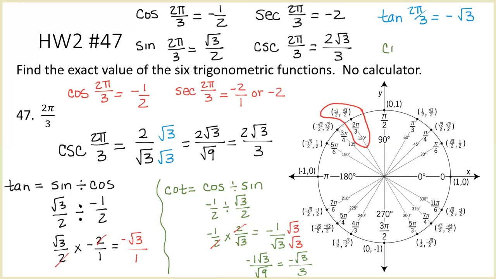And that is what you're going to have to do. So I picked one of the examples in the homework where they give you an angle and you have to go to the unit circle and answer all 6. So that is how you will do that.